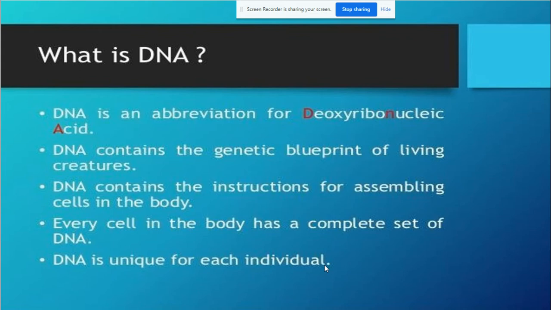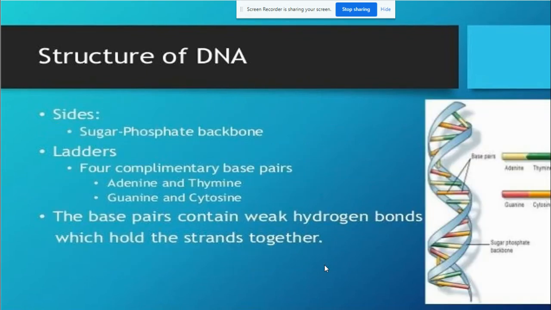Every cell in our body has a complete set of DNA. Each and every DNA is unique to each individual. So let's move forward and find out what the DNA structures are.